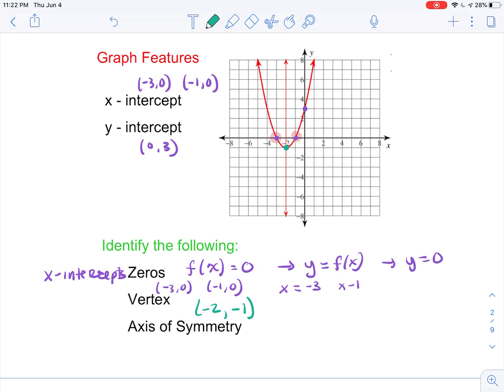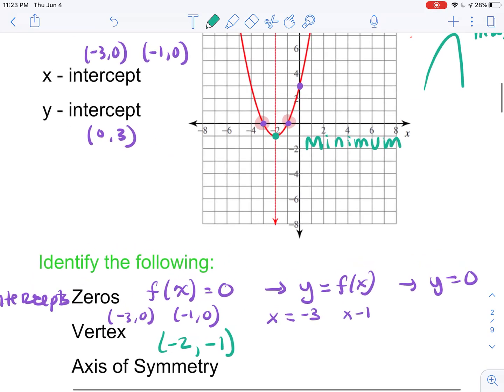Okay, so that's my vertex point. Now, specifically for this parabola, my vertex is going to be a minimum. So you might see those words interchangeable. If the parabola is upside down, this vertex might be called my maximum. Okay, but these words are all referencing that same point that kind of divides our graph in half.